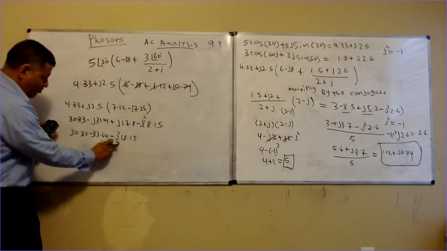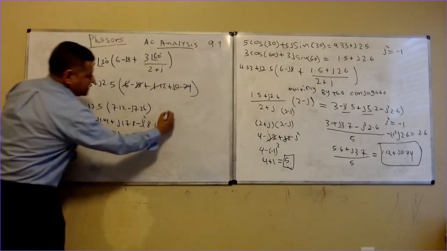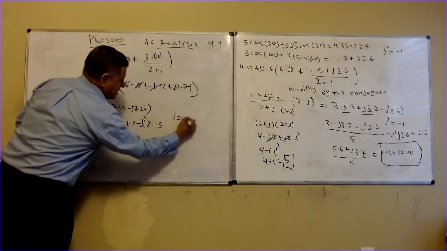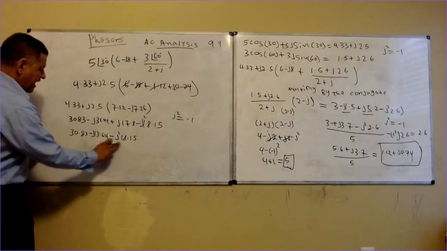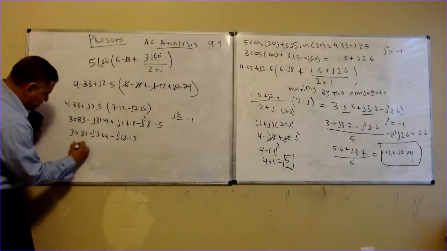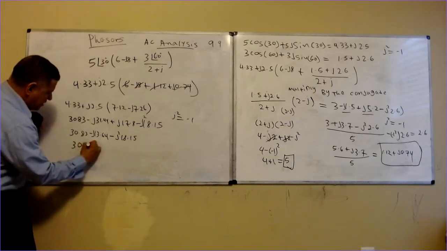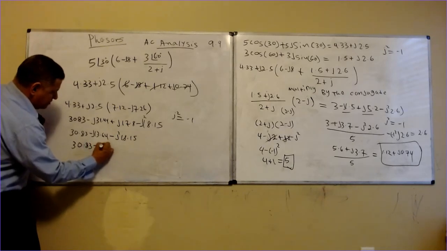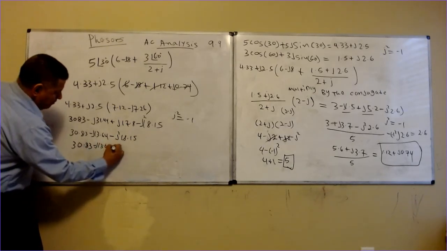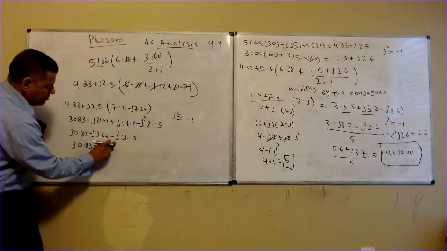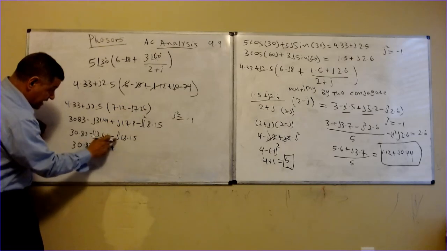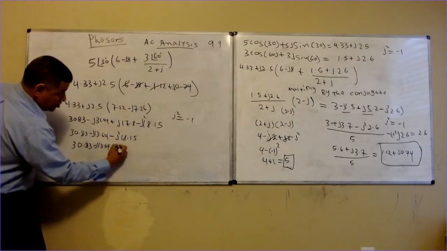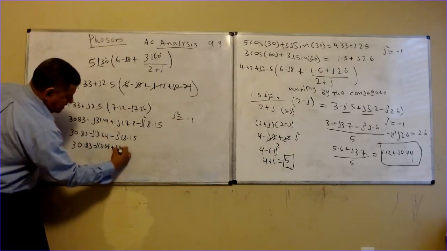So what I do now, I replace again, J squared is equal to -1. So when I do that, that becomes 30.83 minus 30.64, right? That's a J. Plus, that becomes a plus now, right? Because I add a negative, I put a negative there, and that becomes a positive right there.